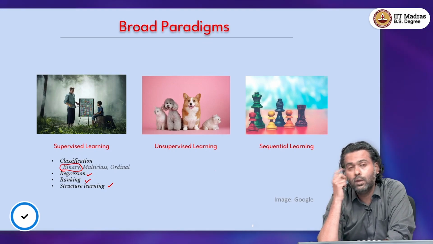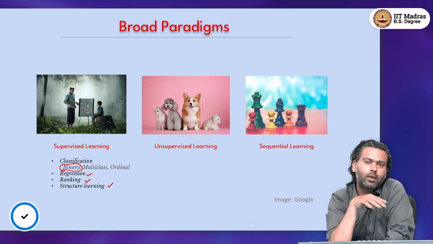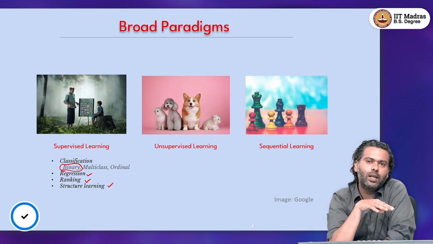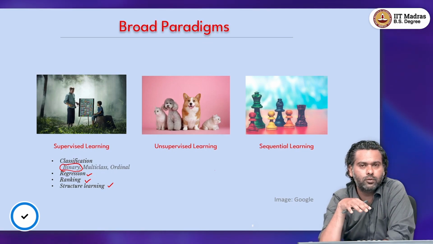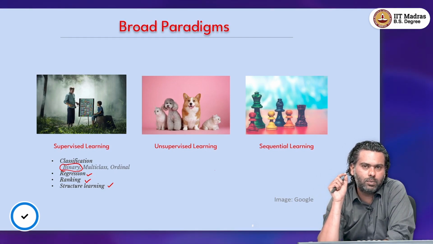Another example, which is a standard example, would be house price prediction, right? So let's say depending on the features of a house, which area the house is in, how many bedrooms are there in this house, what is the number of square feet, these are the features, and then what I want to predict is the price of this particular house, right? So the price is a value, and it is not necessarily one of finite values, right?